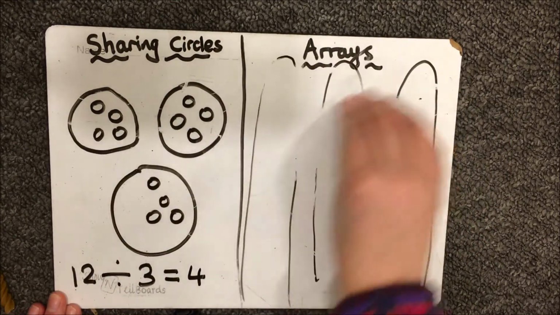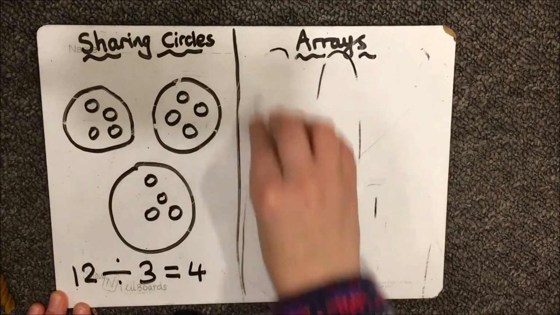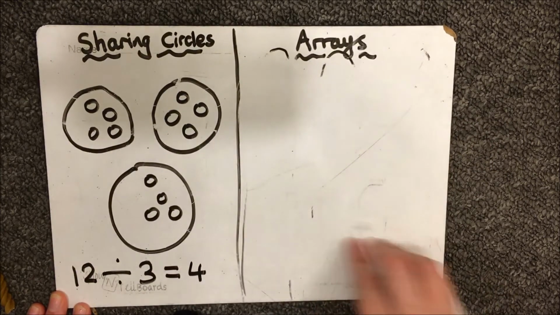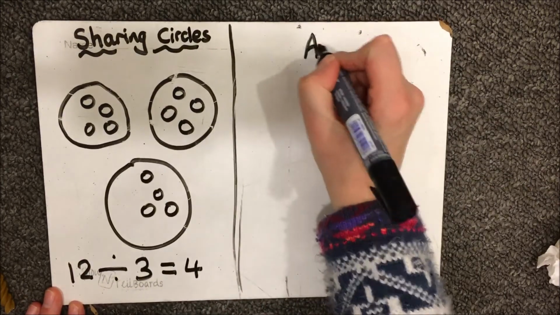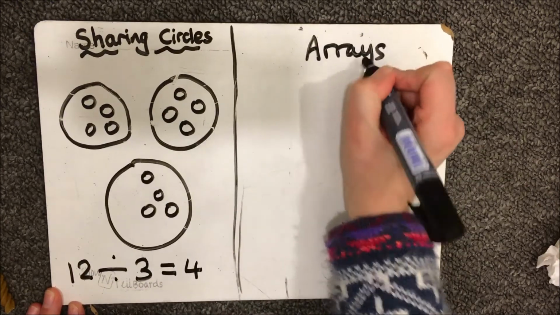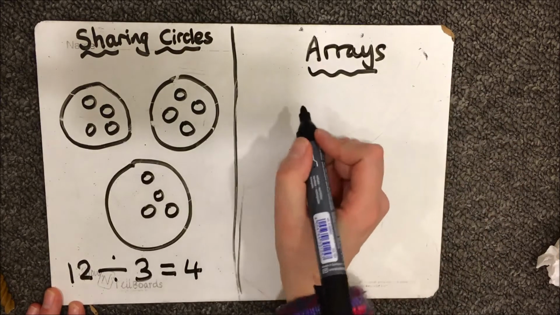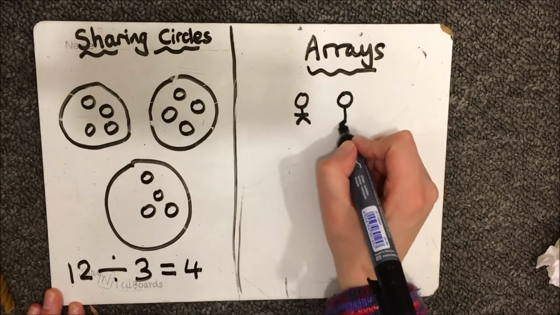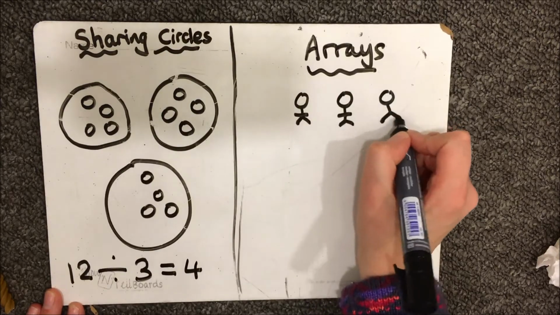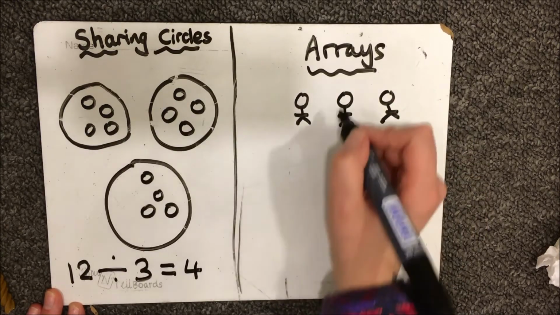Ready? Okay, if you're confident, you might want to have a go at this already. I'm going to write arrays back in here, so we know that's what we're doing. So I'm going to do my children. So I've got 1 group, 2, 3. So these are like my line leaders. I need to make 3 lines, 3 groups.